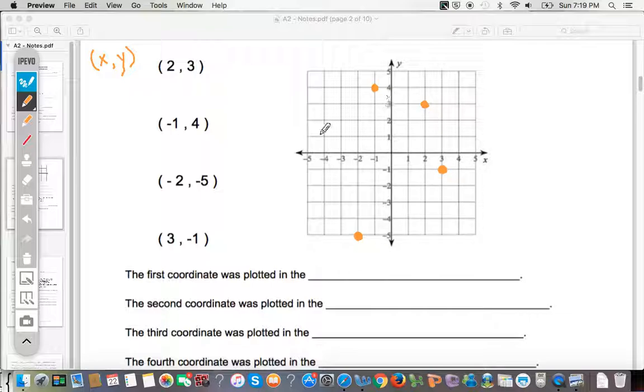Okay? So if you notice, this Cartesian coordinate system, or this graph, is broken up into 4 different sections. This over here is called the first quadrant, or quadrant 1. Over here we have quadrant 2.